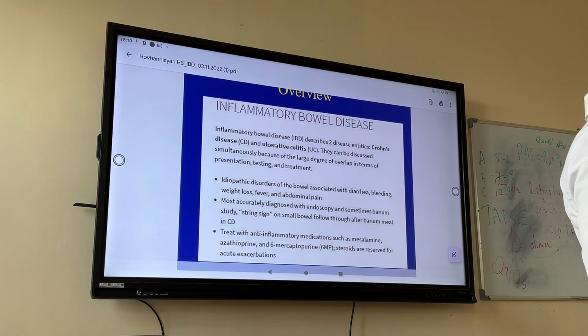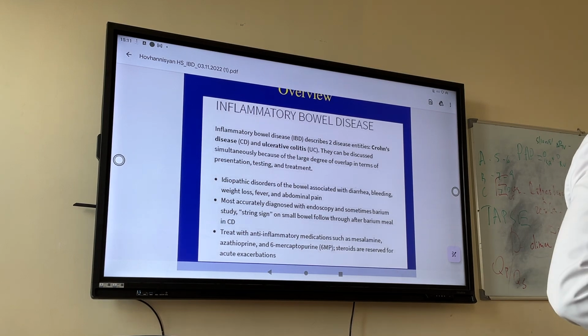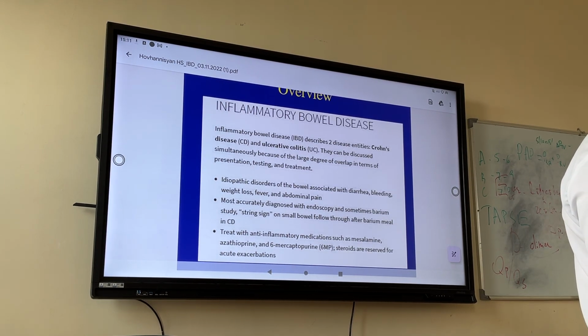And where is it? It is in the right lower quadrant. Where is the appendix also? Yes. So a lot of people, even up to now, may be misdiagnosed with acute appendicitis and may undergo surgery. Then after the surgery, it recurs, which is impossible in case of appendicitis.